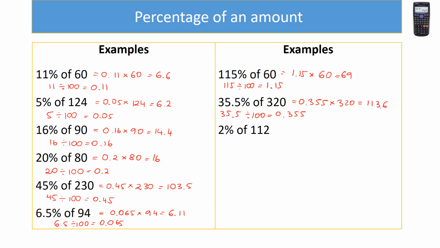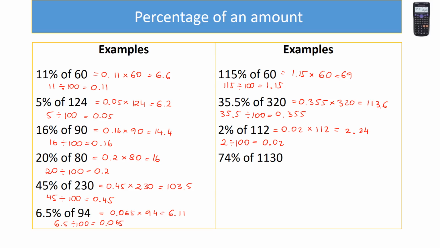Then 2% of 112, so to get the multiplier, we divide by 100, that is 0.02. 0.02 times 112 is 2.24.